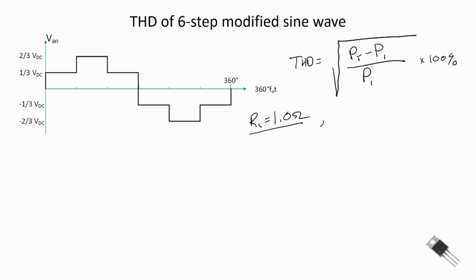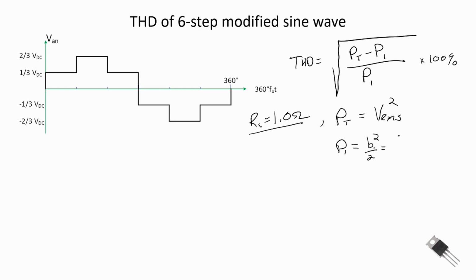And the power total referenced to a 1 ohm load is equal to our RMS value squared, which we just derived earlier. And the power in the fundamental is equal to B1 squared divided by 2. And we've just derived that as well.